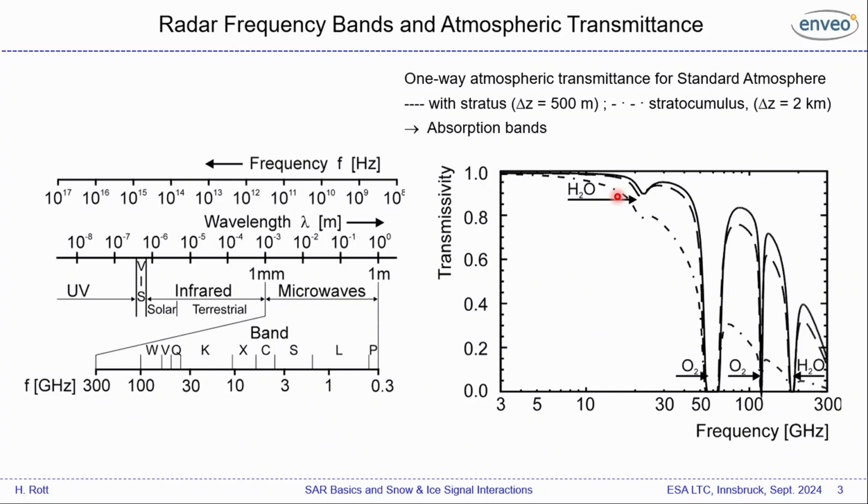And then I've made here a computation for stratocumulus clouds, which are water droplets, but not very dense. You can see here that once we go to K-band, it already plays a role. Also in X-band there is a little bit of attenuation, but that's not the full story, because once we have really heavy thunderstorms and rain pouring down, we have also in C-band, of course, reflection and absorption.